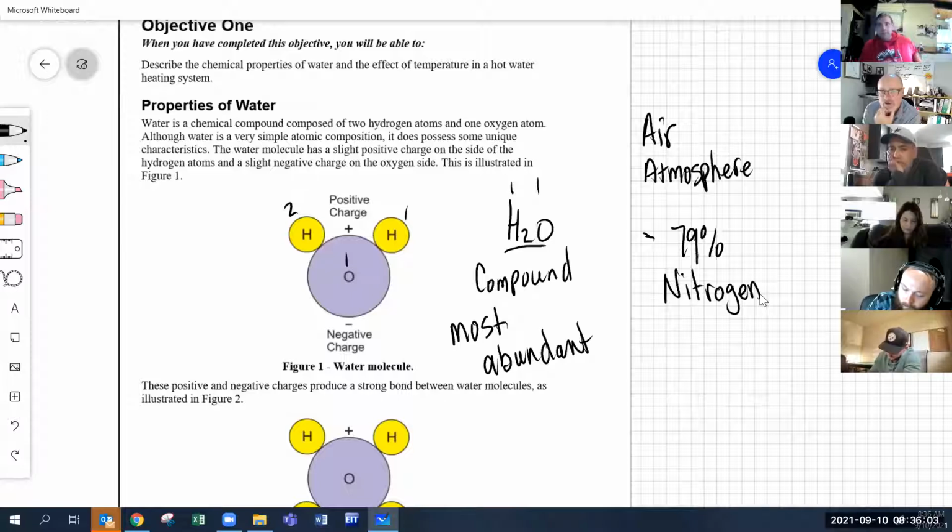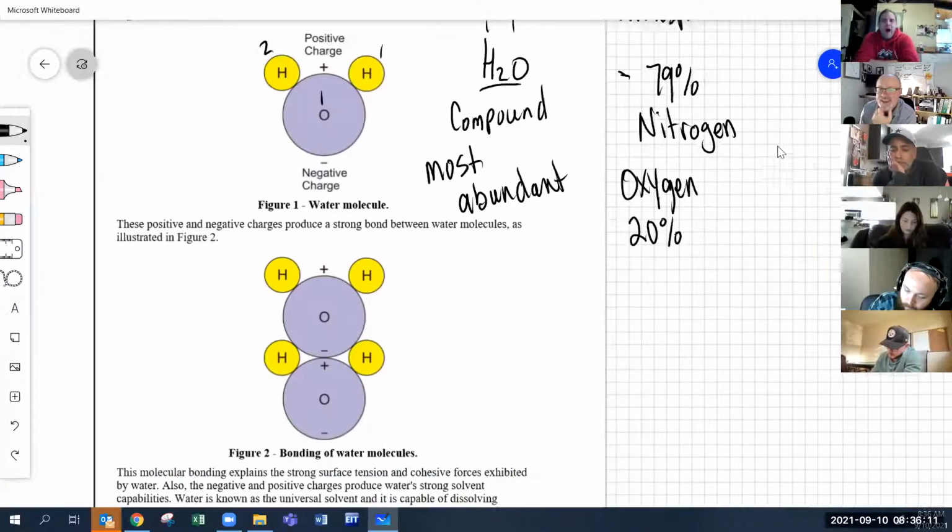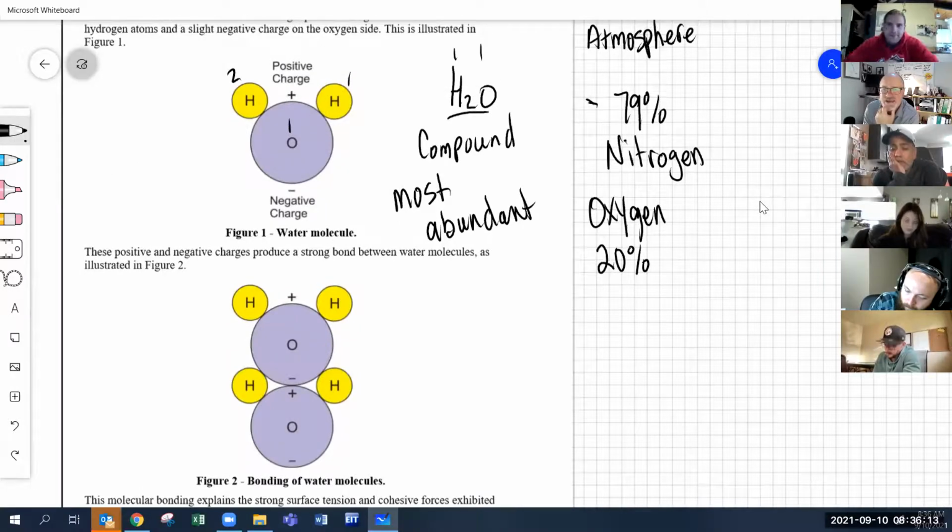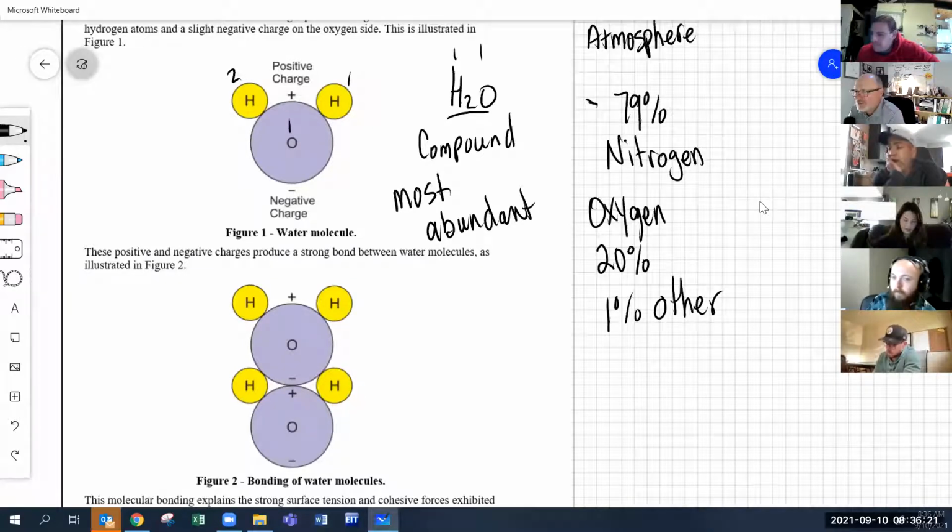And then there's oxygen, about 20% oxygen. And after that, we have about 1% other stuff. So there's a little breakdown of our atmosphere, what's in it, what's not in it.